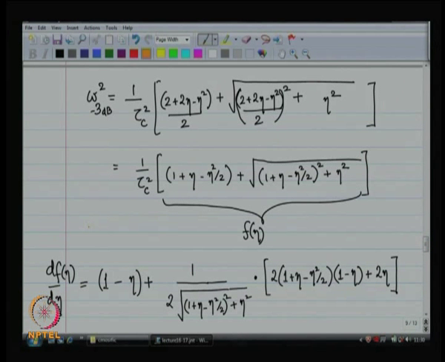Let's quickly compute. So 1 plus square root of 2 minus 1 is really square root of 2.